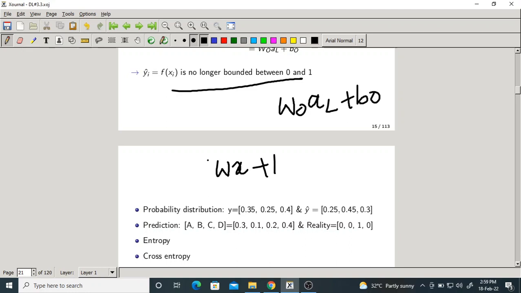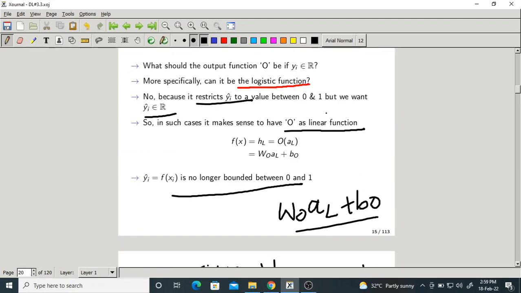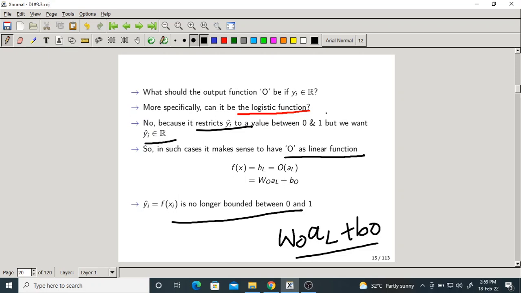Wx plus b, where we take the summation, otherwise we write W dot X plus b as a dot product. It is the same thing. They are also linear. So if the predicted values are unbounded, we have to go for a linear output activation function. In those cases we can go for linearity.